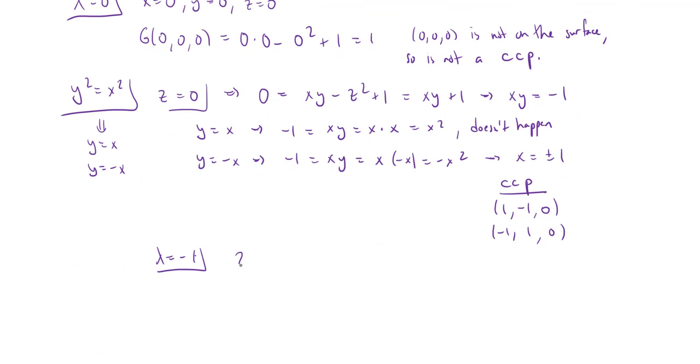So let's see here, we have 2x is equal to -y, and 2y will equal -x. Now this top one lets us know that y is going to equal -2x. However, we also knew from up above that y squared equaled x squared, which meant that either y was x or y was -x.